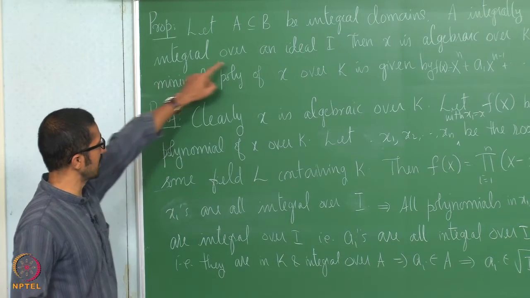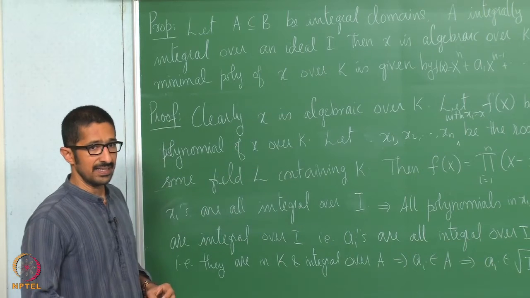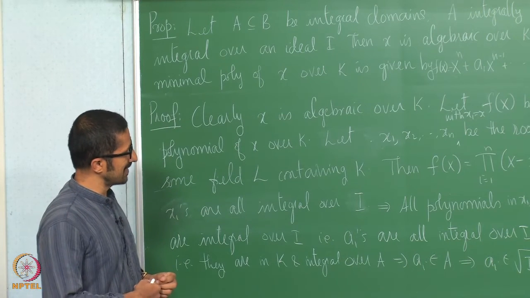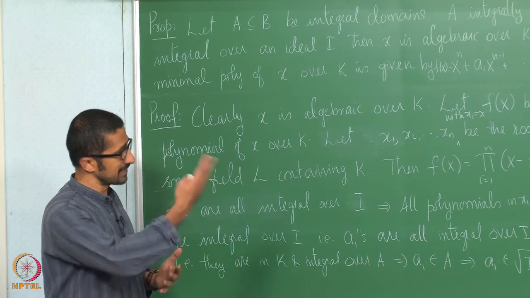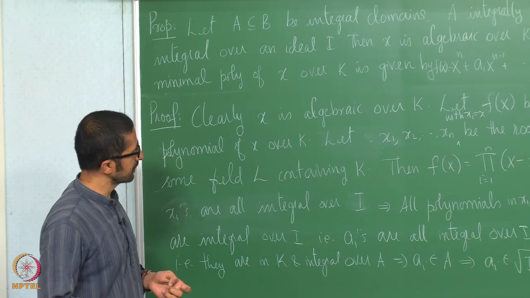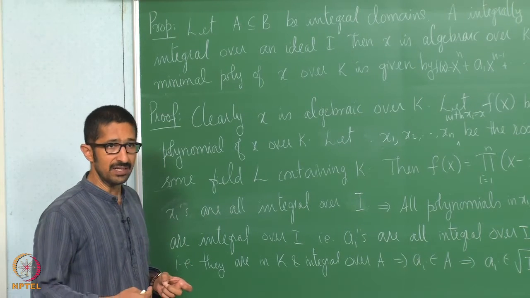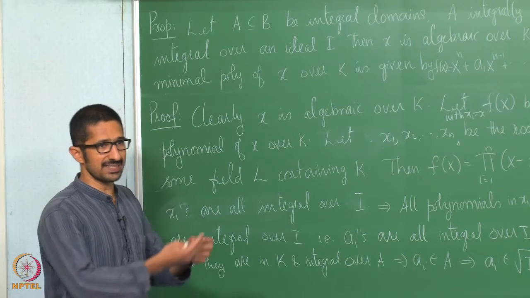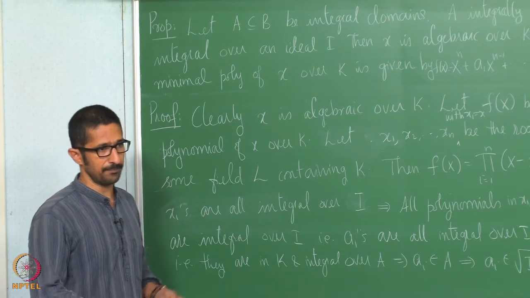in B which is integral over an ideal I, then x as an element in the fraction field of B is algebraic over K. What is meant by algebraic over K? It satisfies a polynomial.